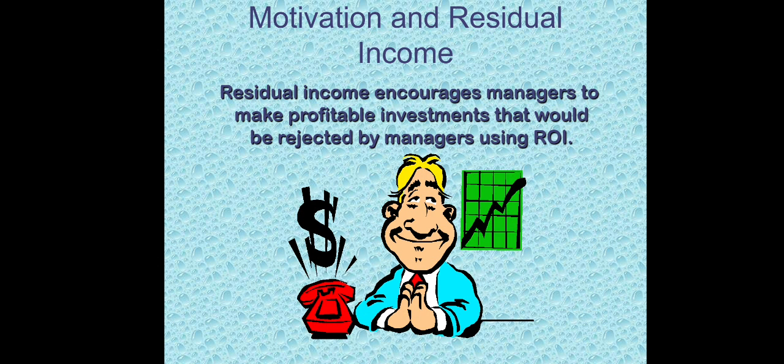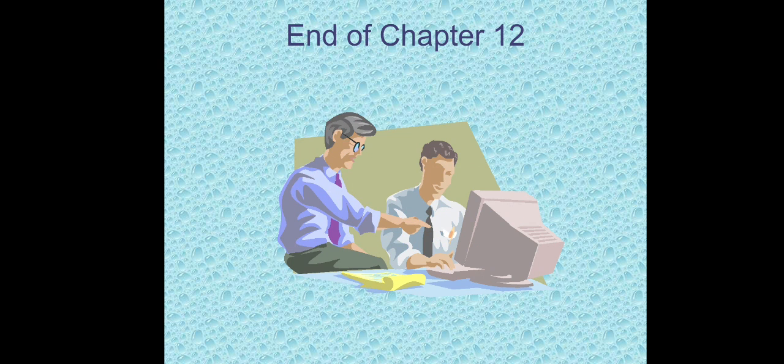So you can see that the residual income method can be said to be a better method compared to the ROI method in evaluating the performance of a segment of a business and also the performance of the manager of the segment. See the thing written in these notes: residual income encourages managers to make profitable investments that will be rejected by managers using ROI. Okay, so this is the end of this topic.